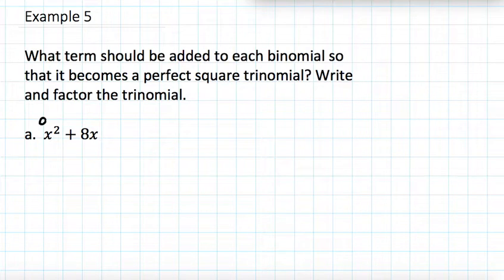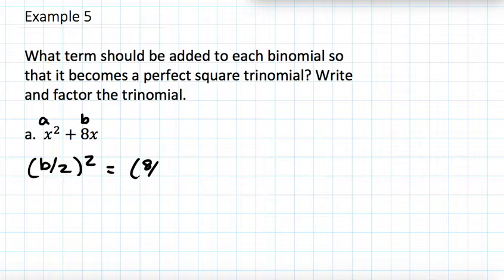Remember, when you're labeling the coefficients, a is in front of x squared and b is in front of x. So b divided by 2 squared is going to be 8 divided by 2 squared. 8 divided by 2 is 4, and 4 squared is 16. So we're going to add 16.